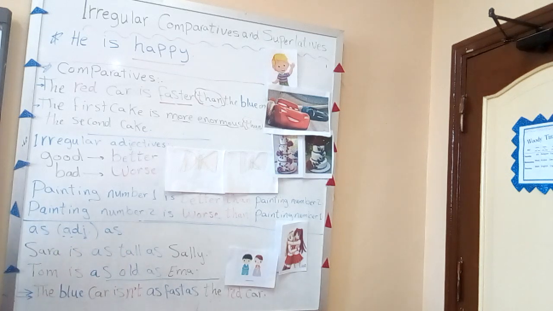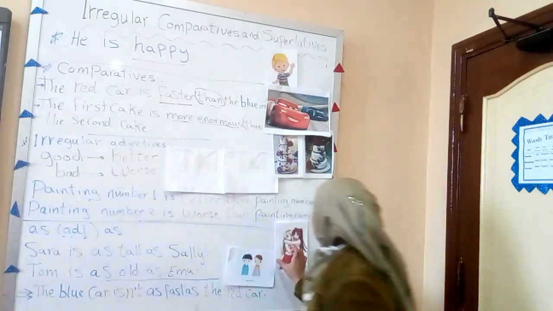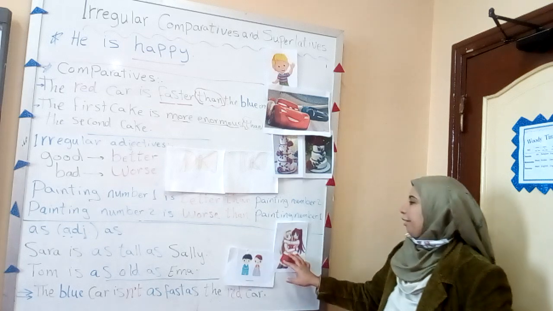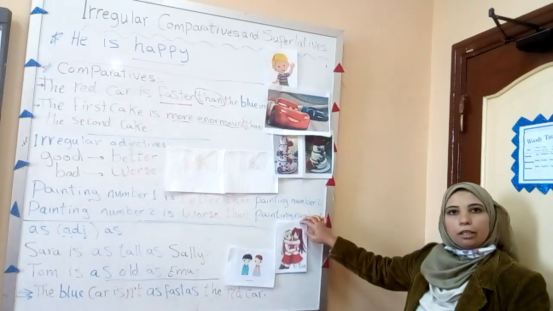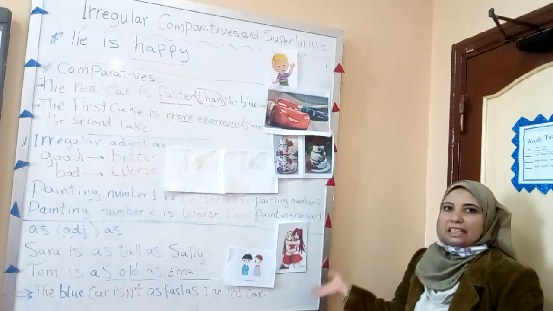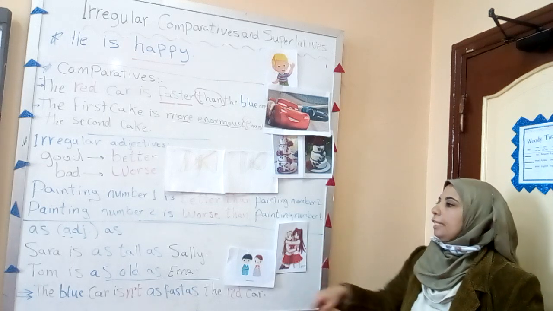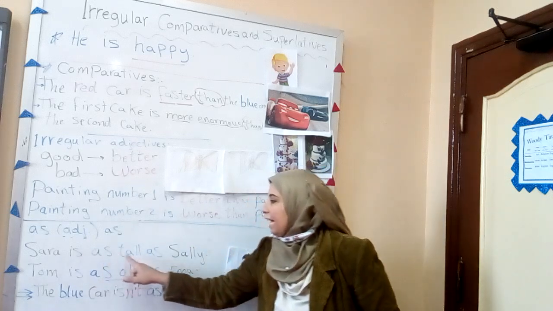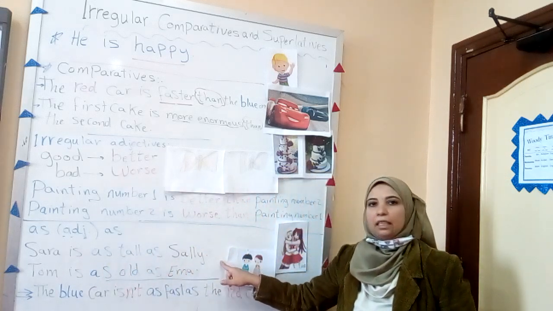Don't add er or est, no. As, adjective, as. Let's see this picture, Sally and Sarah. Who is taller? Sally or Sarah? I think they are the same. They are equal. So Sarah is as tall as Sally.